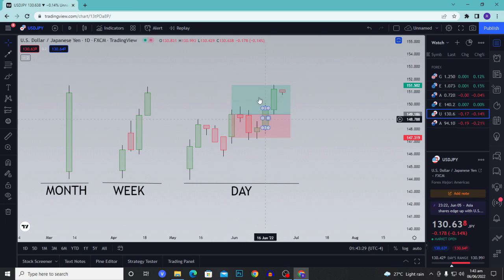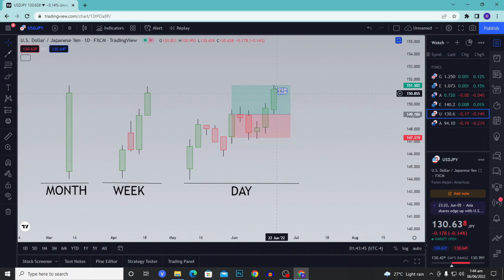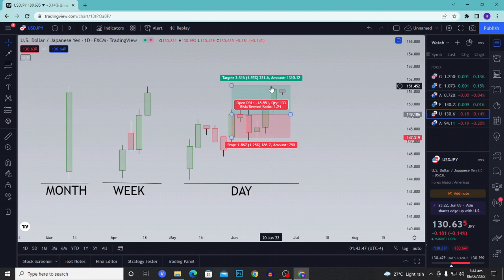Let's say this is our trade. But if we enter at this bullish candlestick, it will be a losing trade, because price retraced back all the way down to our stop loss and would have knocked us out of this trade before coming back up and going into profit.